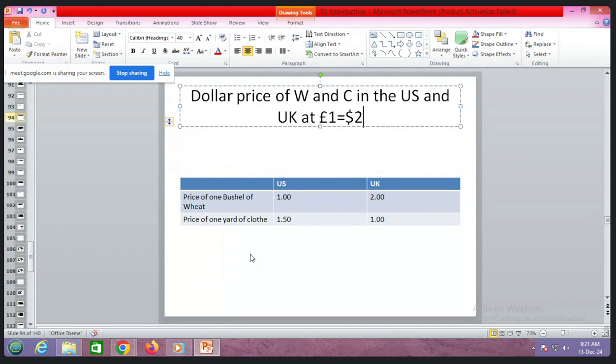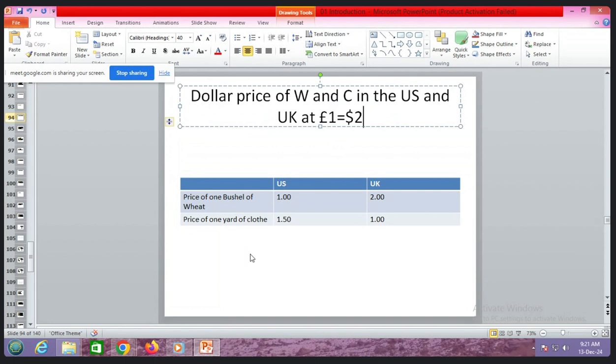Similarly, here also, to start with, we have said that the exchange rate is £1 to $2. But if the exchange rate changes, is it possible that the trade takes place?